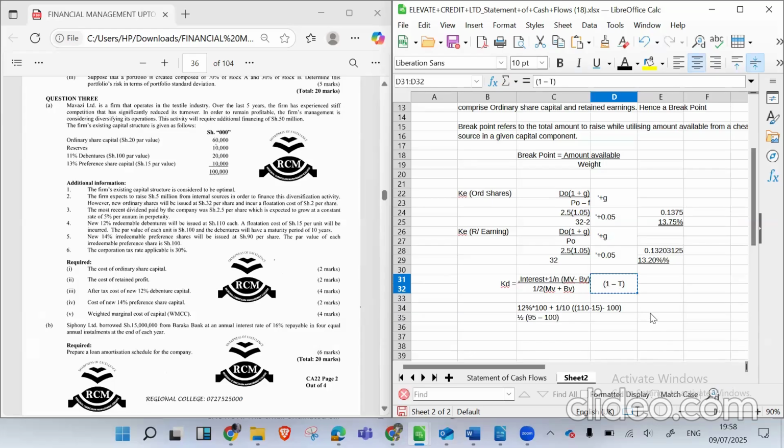So you have that. Then 1 minus 0.3. Just a question, is it supposed to be 95 plus 100? Sorry, not minus. The denominator, yes, thank you for that. Plus 100.